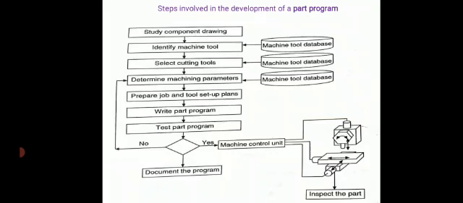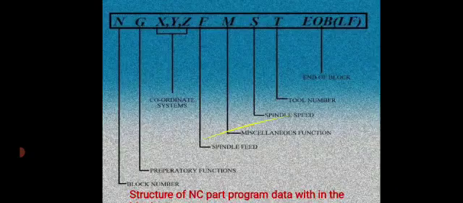The machine works as per the program. After completing the part, we have to inspect the part, based on the program, to check whether the product is done correctly or not. These are the steps involved in the development of part programming.